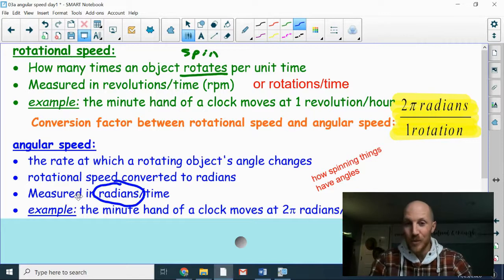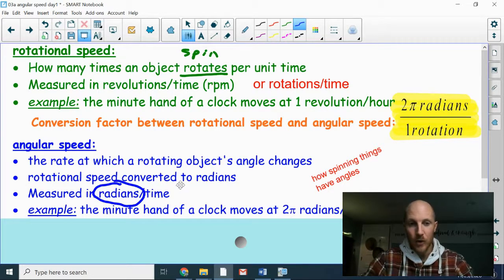If it wasn't labeled in the problem, I could identify them because my first answer was giving revolutions per minute, which here is bullet point number 2. That's how I identify rotational speed: revolutions per minute, or some other unit of time. And angular speed is going to be measured in radians per time unit.